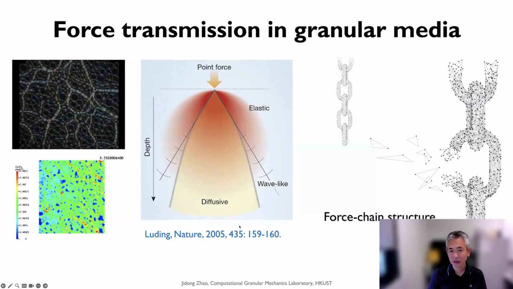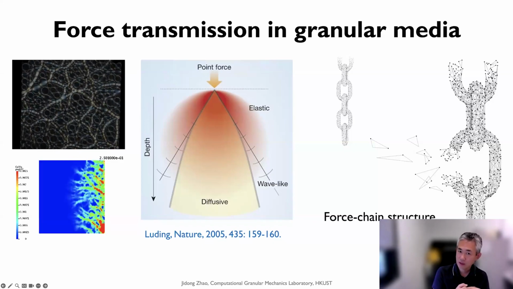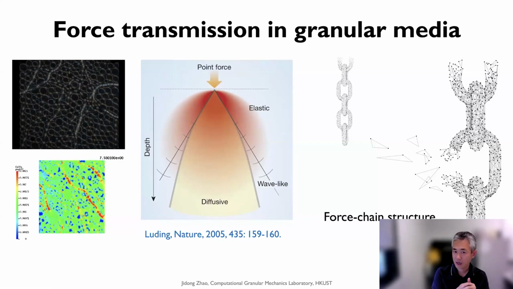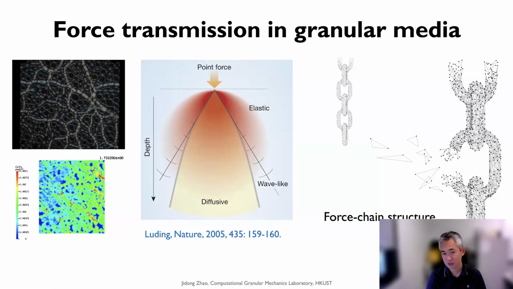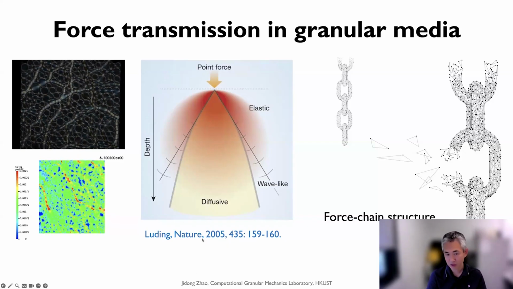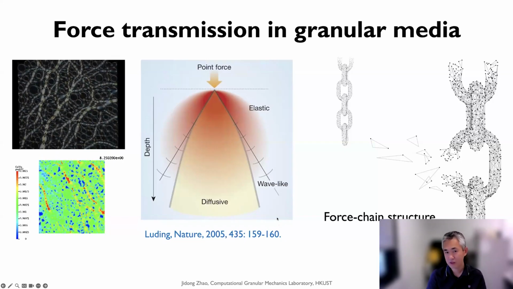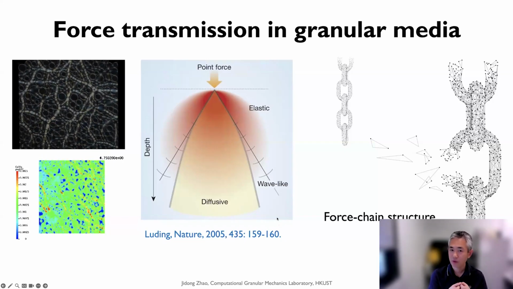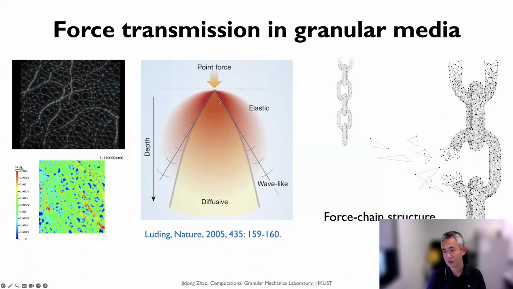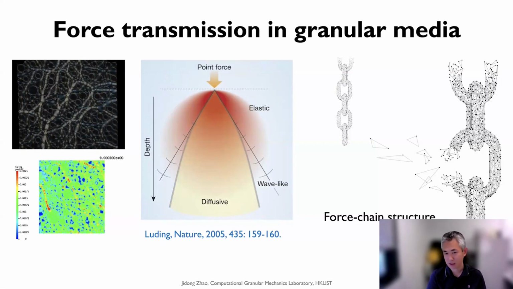And then here is another illustration, that the granular material essentially sustains external load through a very unique force transmission mechanism here. This figure was plotted by Stefan Luding in a Nature paper, showing that there is a certain limited region and direction where the granular material can transfer the external load in a more effective way.